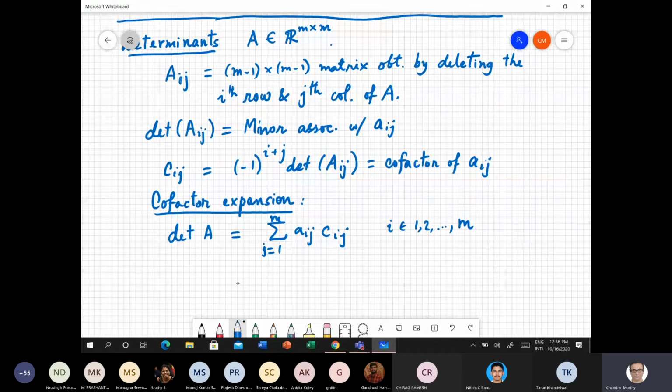And I can also define it to be the summation over i going from 1 to m of Aij Cij, and now there is a floating index j here, and I can compute this for any j.